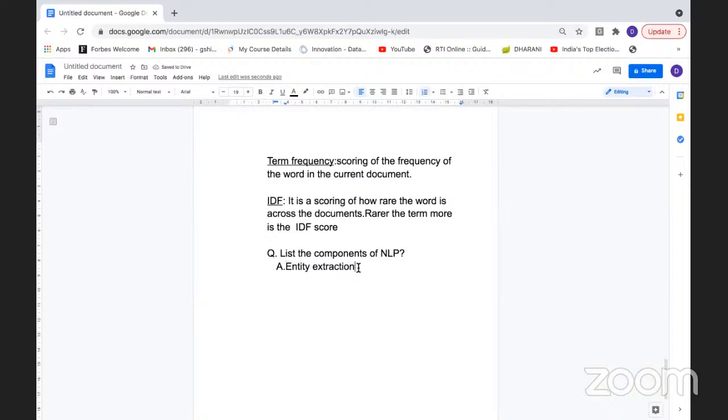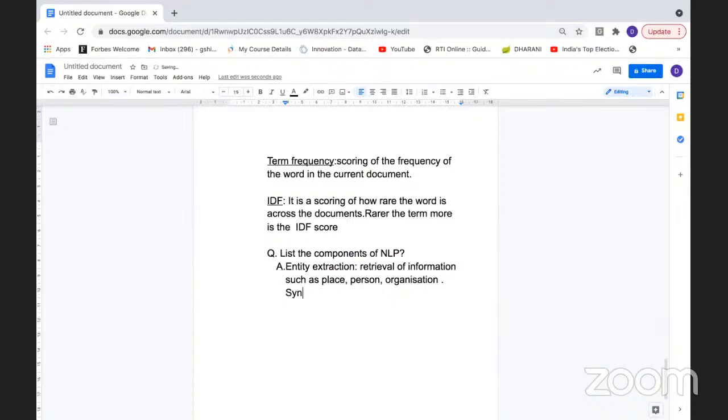What does it do? Retrieval of information. What kind of information? It could be a place, a person, or an organization. So it helps in recognition of entities in a text.